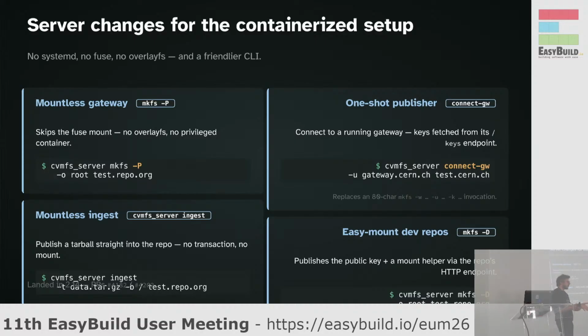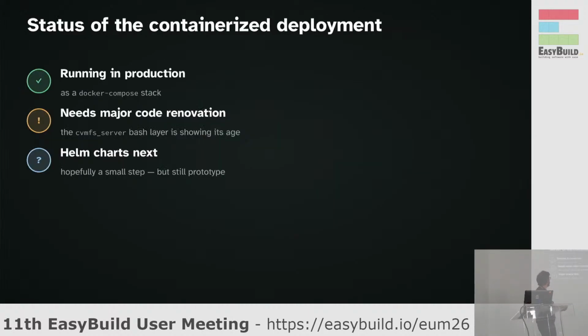In principle, what you need to put up a new publisher is signing keys for the repository, and if you connect this to a gateway, you need to copy those around. And so now we also have an endpoint on the gateway that lets you download these basically from the gateway on the fly.